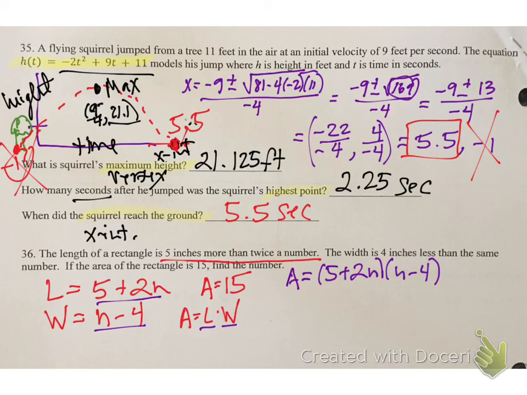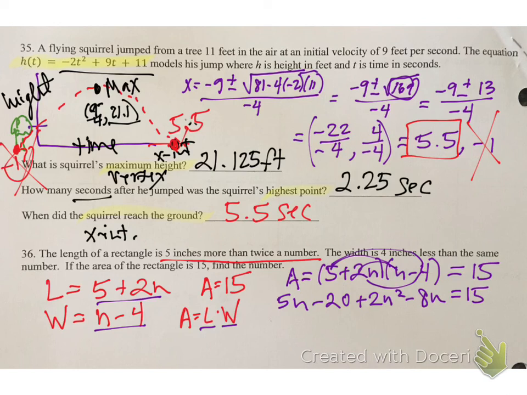So if I were to distribute this, that equals 15. I'm going to distribute, FOIL it. You end up getting 5n minus 20 plus 2n squared minus 8n equals 15.